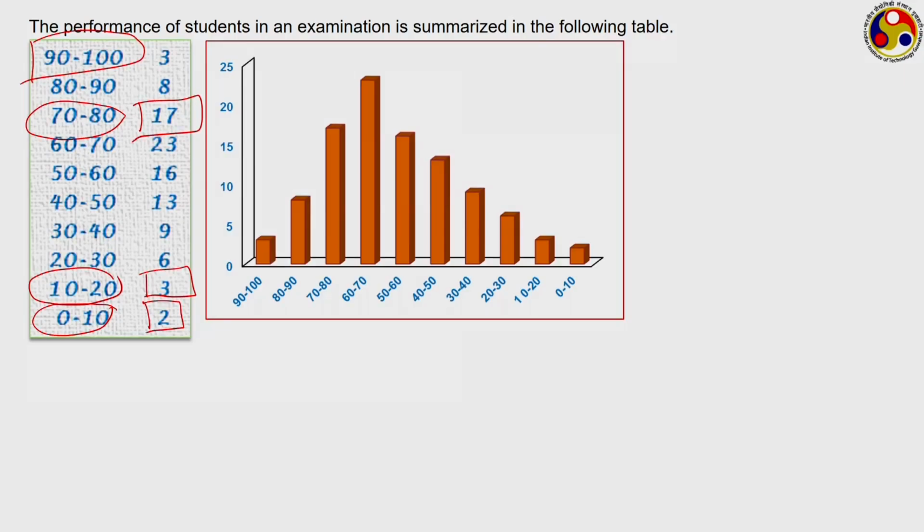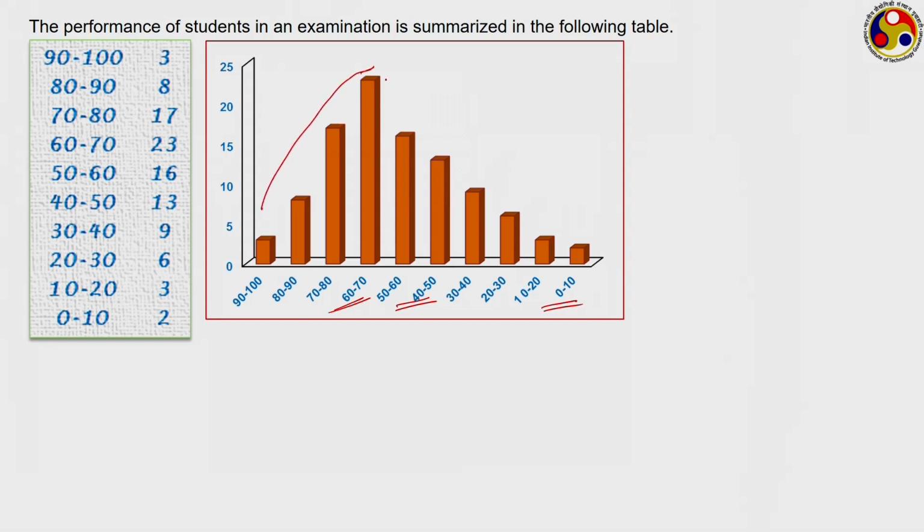Now if we represent them in a column chart like this, where each column corresponds to one of the groups, like this one corresponds to this particular group, this one corresponds to this particular group, this number 13, and accordingly we can see, from the chart and also from the initial data table, that between 60 to 70 the maximum number of students have got the marks, and on either side of this we can see a nice distribution, that is, the number of students appearing in a group is highest here, then it is decreasing on this side, and it is going down on this side as well.